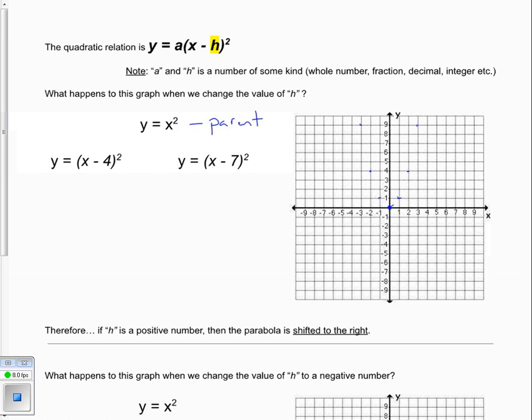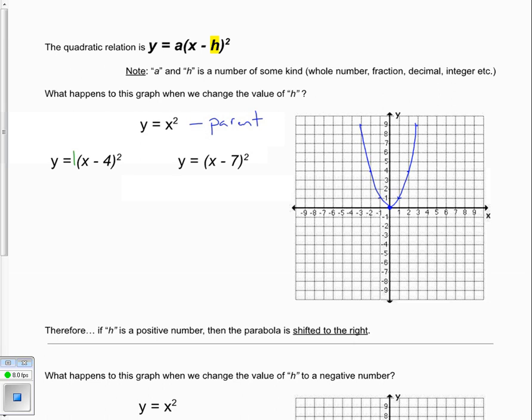However, if we have this equation, what we can see here is that there is a positive 1 there, so the a value hasn't changed.